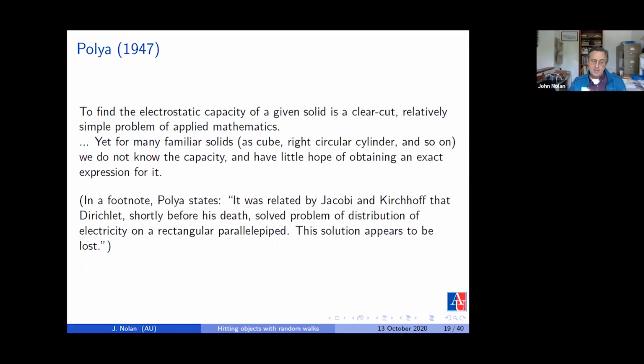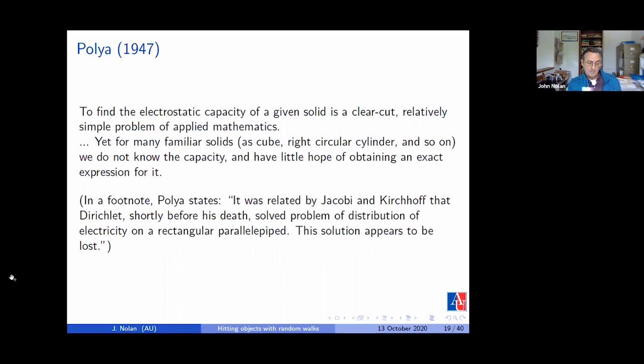To find the electrostatic capacity is a clear-cut, relatively simple problem in applied mathematics. Yet for many familiar solids, there is little hope of ever obtaining the exact expression for it. Okay? So we want to try to understand capacity for more complicated shapes, especially something like a polymer, which may have thousands of atoms in a very complicated structure.